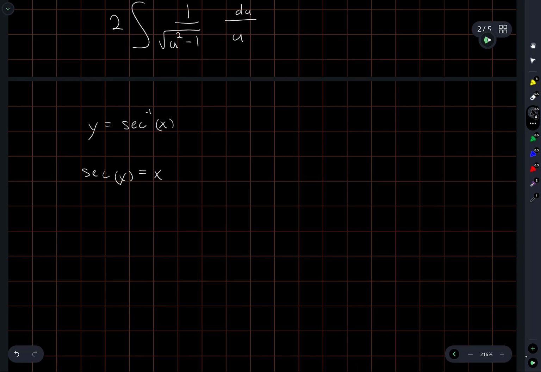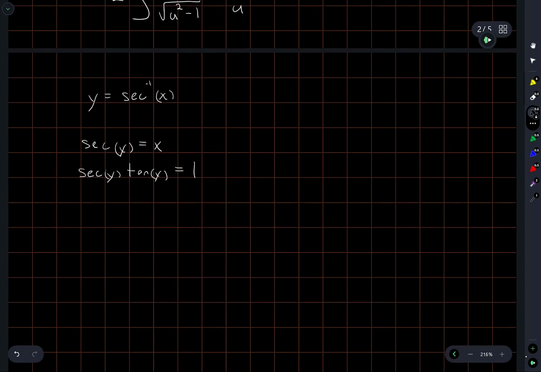I know the derivative of secant is secant times tangent. I'm missing a y prime here for the chain rule, so I've got y prime is equal to 1 over secant y tan y.